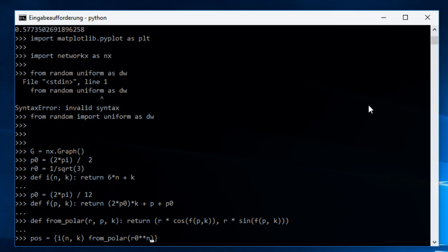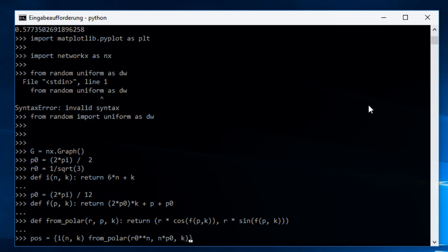Okay, and then we rotate each ring respectively to the next one by another p0. So what we do here is multiply this by n times p0. Only when n is uneven will this rotation be something else than the identity rotation, where nothing's rotated.